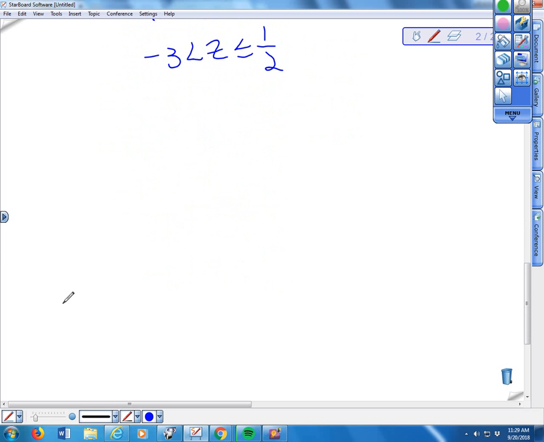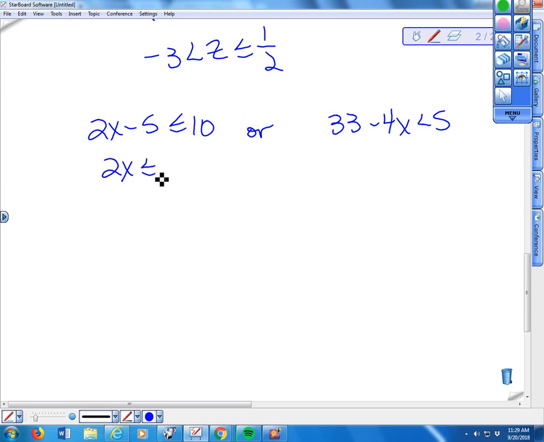Next one. 2x minus 5 is less than or equal to 10, or 33 minus 4x is less than 5. So 2x is less than or equal to 15, sorry. X is less than or equal to 15 halves, or 7.5.